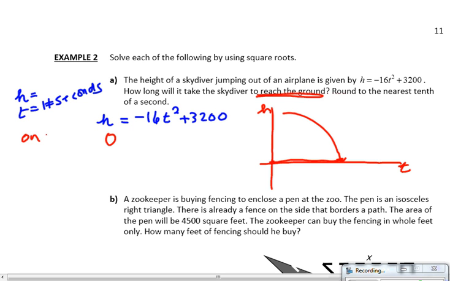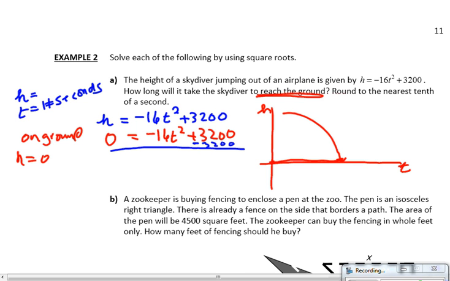So on the ground, h has to be equal to 0. So then we have 0 is equal to negative 16t squared plus 3200. Now we're going to use our square root property, and we'll subtract our 3200 from both sides, and we'll end up with this.